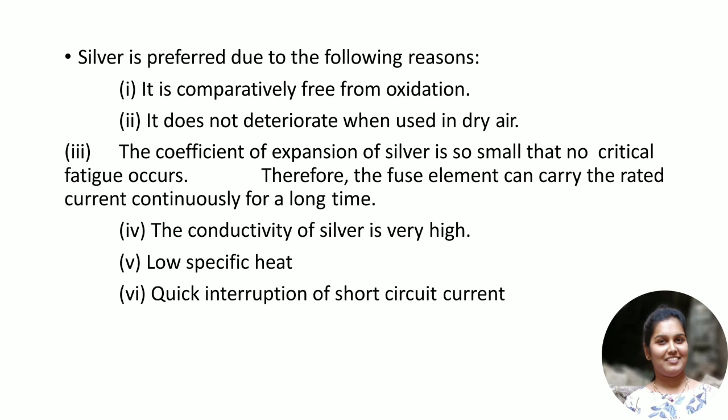So these two points we see for silver when compared with other metals like copper or tin or zinc. They may deteriorate and also show some oxidation properties, whereas for silver we don't see such things. So that is why silver is commonly used these days, even though it seems to be costly, right?